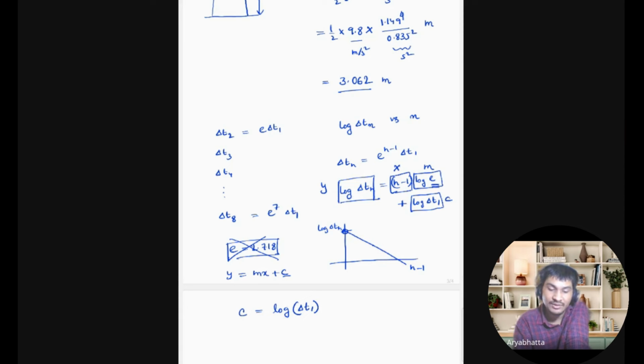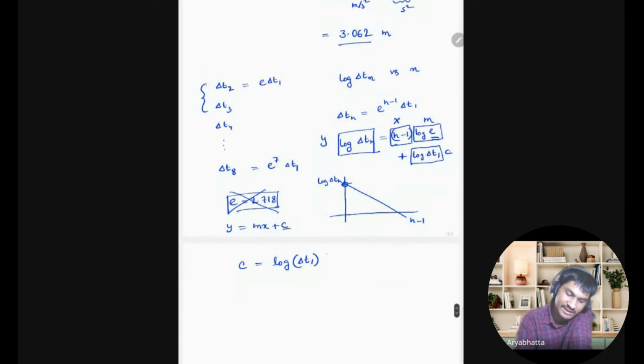Why? Because this time we are using the entire data set rather than relying on just these two data. So this is more accurate. If you do this approach as well, you will get similar answers, 3.06 meter. You find delta T1 from this approach, and then put it in the equation half g (T1 by 2) square.